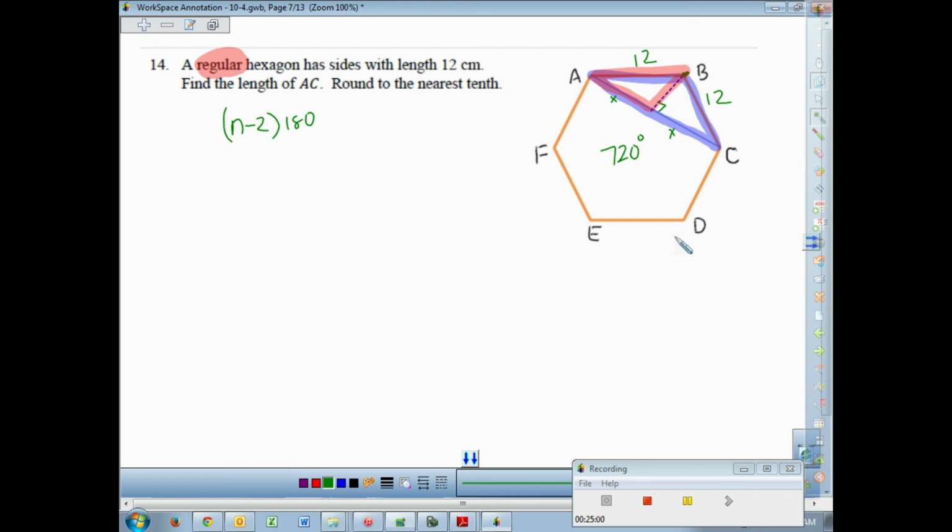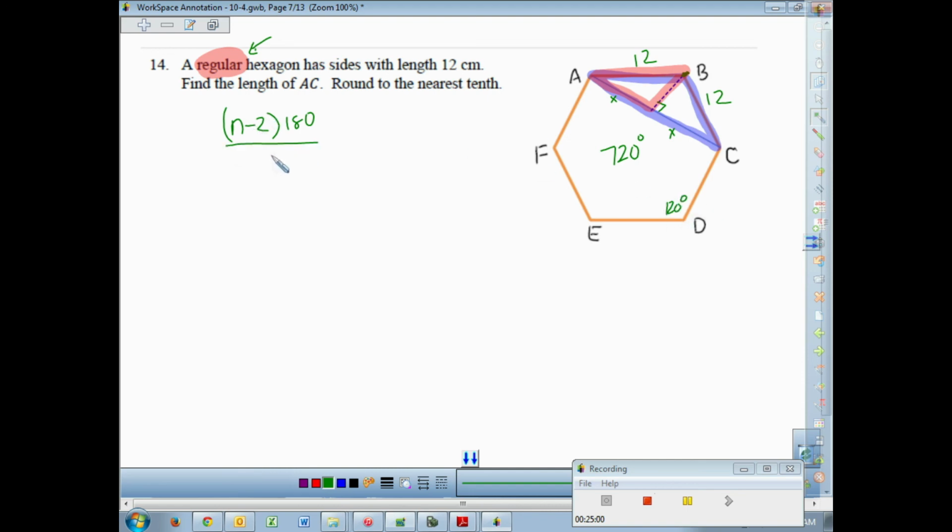This is not your average convex hexagon. It's regular, and you told me that meant that all the angles are the same. How many angles are there in that hexagon? 6 sides, 6 angles. If 720 degrees is split up 6 equal ways, what do you do to 720? Divide by 6. What'd you get? 120 degrees for each one of those angles.